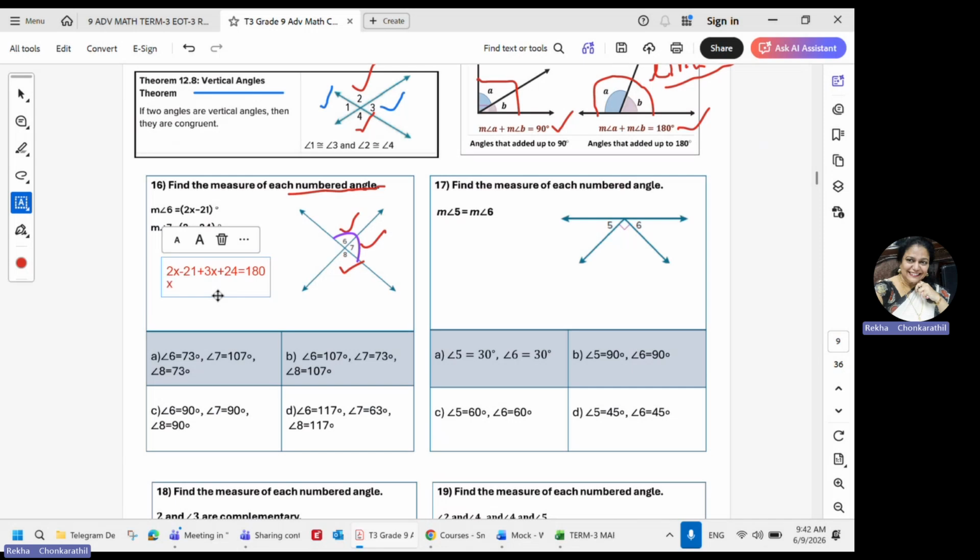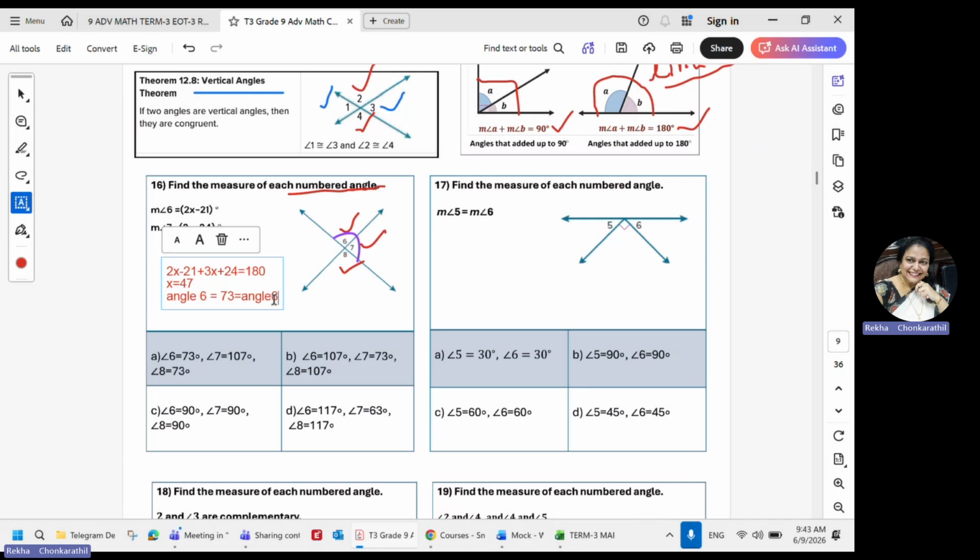So when you calculate, you will get the value of x is 47, I guess. So now you get measure of angle 6 will be equal to 73, and you know angle 8 also will be equal to 73 because they are vertical angles. How about angle 7?